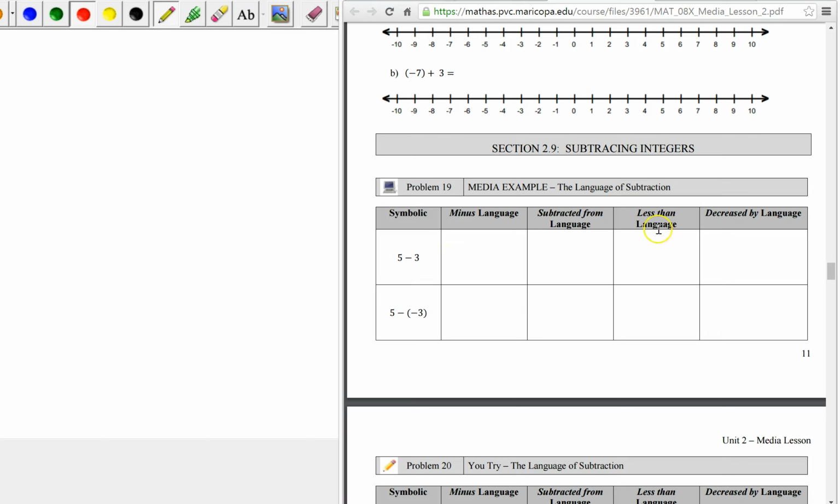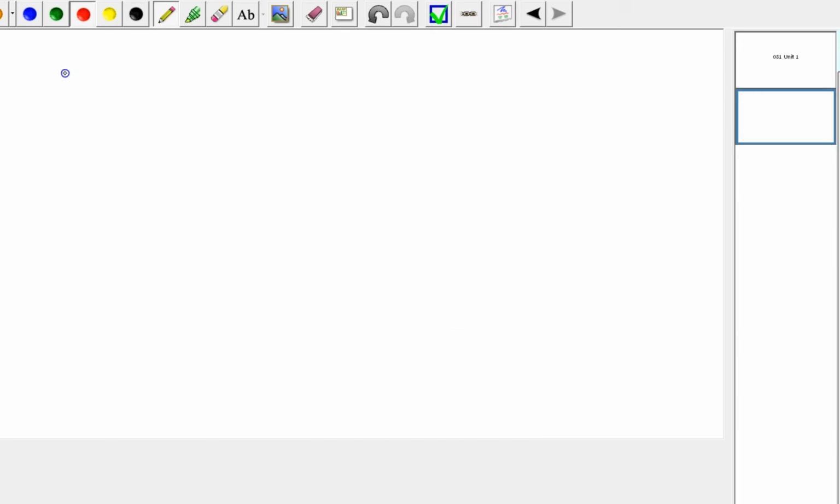Also notice with the less than language, you'll see there's a Math AS question on this. So it's 3 less than 5. And some students will confuse this with the inequality notation, 3 is less than 5. And for this question, they'll put something like this.